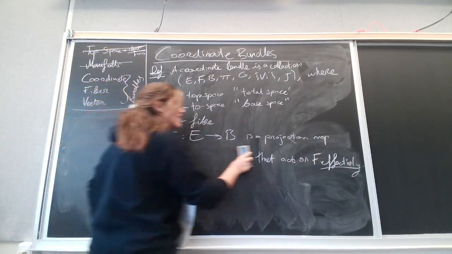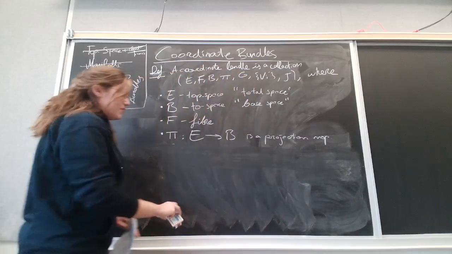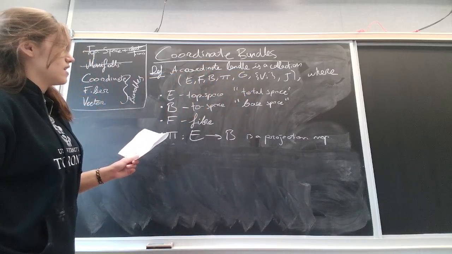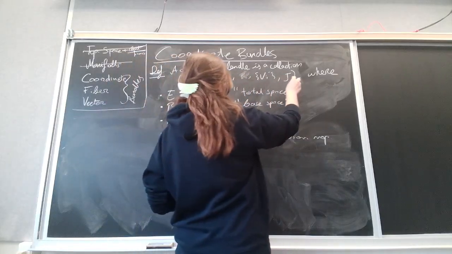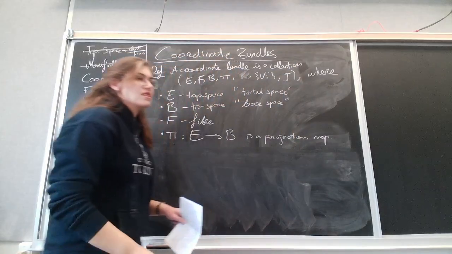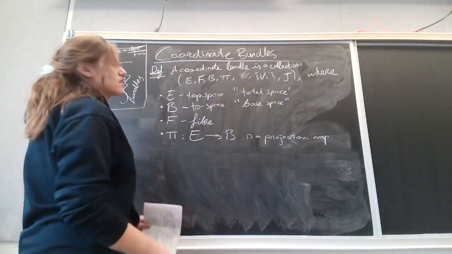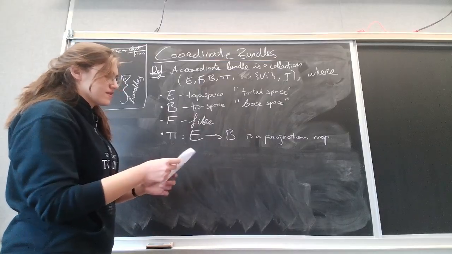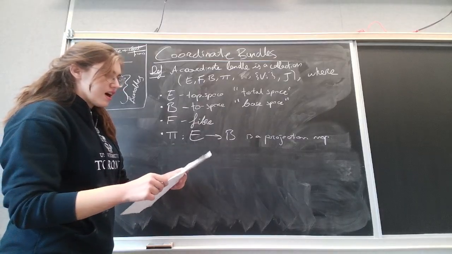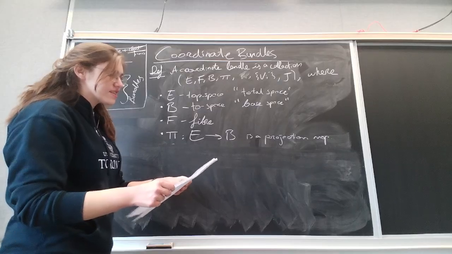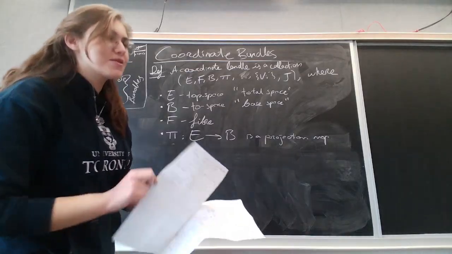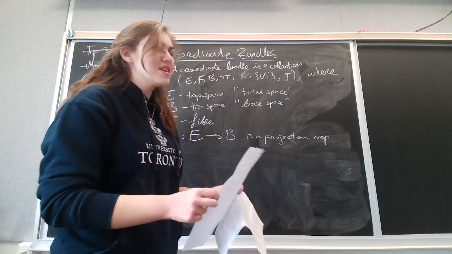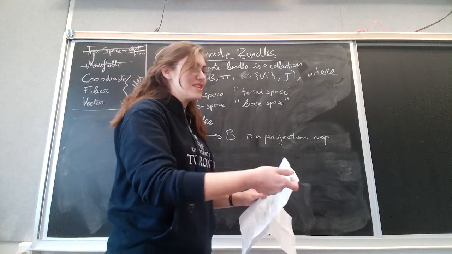Okay. So I guess EFB pi is perfect. Remove G, and remove J. This J is just an index set. Okay, perfect. And then instead of coordinate, replace the word with fiber, and let's just stick to fiber bundles because that might be more straightforward. There's just a point I want to make between coordinate bundles and fiber bundles, which is that a fiber bundle is just a coordinate bundle without giving coordinates.